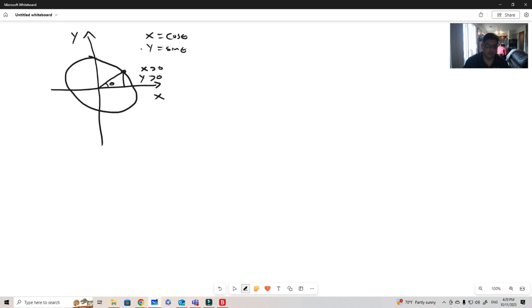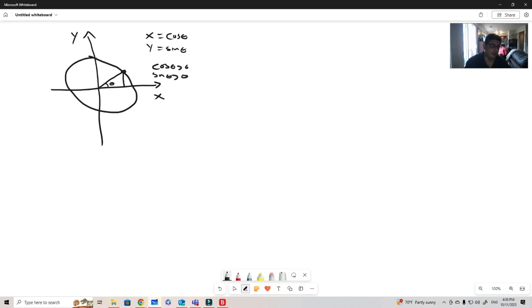So instead of writing x and y, now I'm going to just write cosine and sine. If the angle is in the first quadrant, then both cosine and sine of theta are positive.